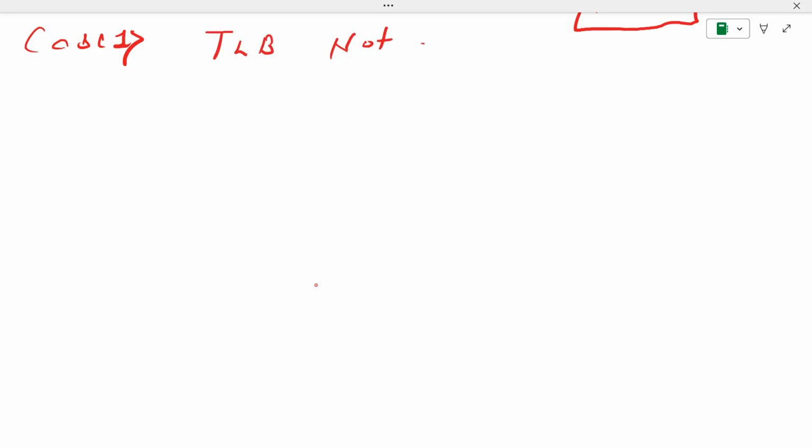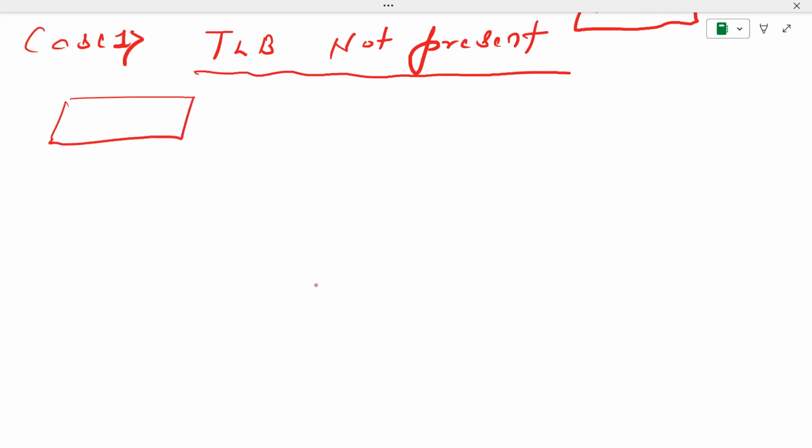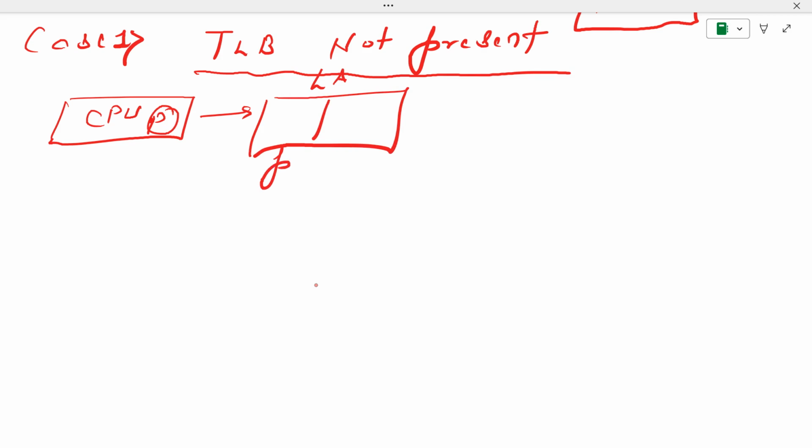We just have the page table. The CPU is there, and the processor generates a logical address. This logical address contains two terms, P and D. P represents the page number and D represents the page offset.